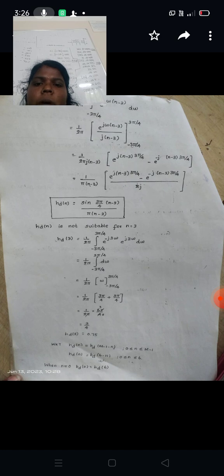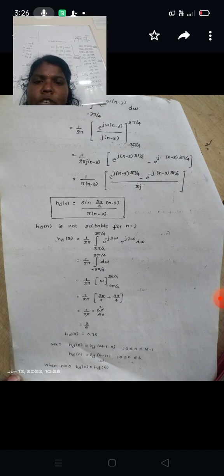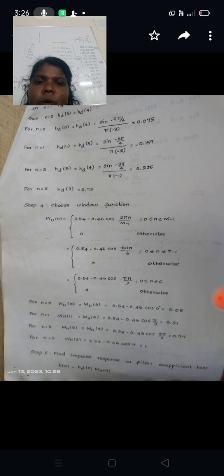Okay, therefore for hd of 0 we have to substitute n equal to 0 in the impulse response, hd of n is equal to sin 3 pi by 4 into n minus 3 divided by pi into n minus 3. So by substituting 0, hd of 0 equal to hd of 6, therefore sin of minus 9 pi by 4 by minus 3 pi is equal to 0.075.